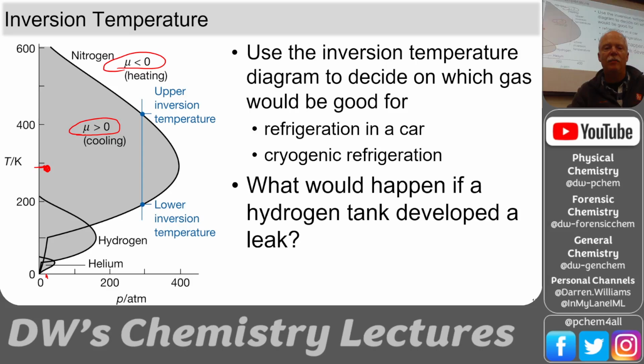And so that's why I'm not a fan of running hydrogen cars with 9,000 psi tanks of hydrogen, because let's say there's a pinhole in that tank. Look at this. This gray area here is the only place where hydrogen cools when it expands. Every place else, hydrogen heats up when it expands.